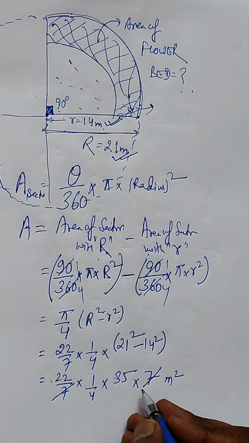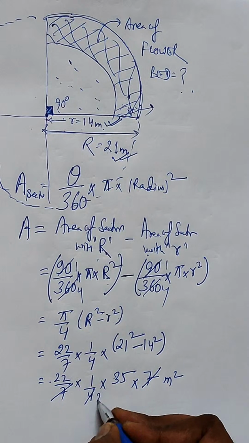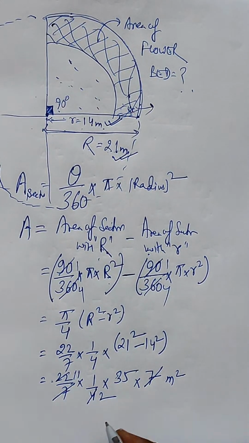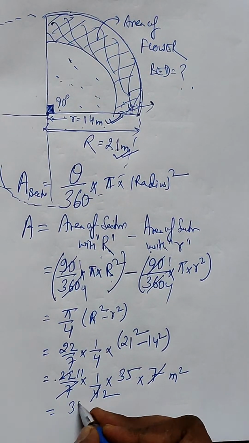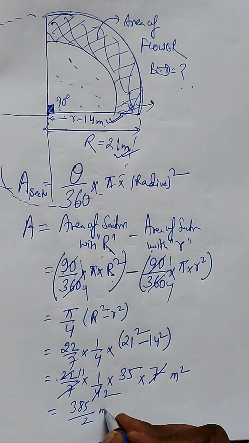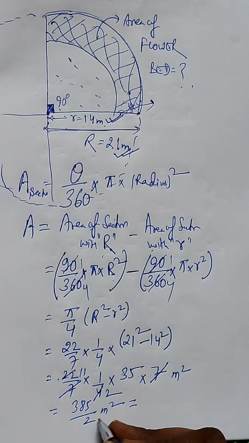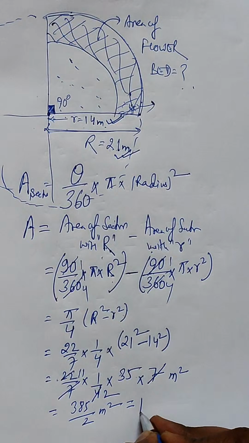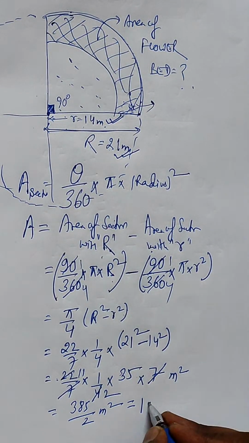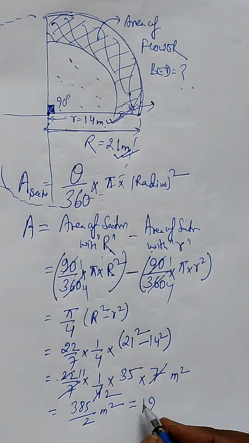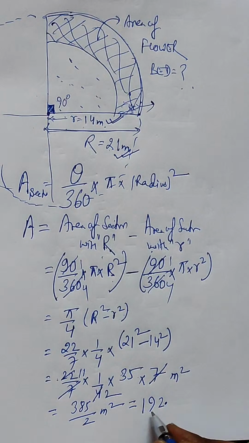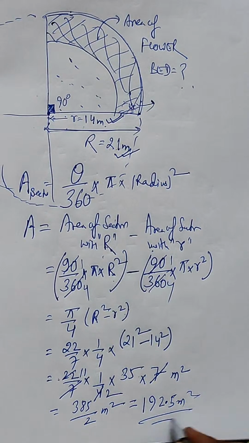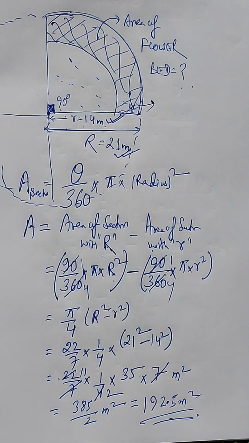So just solve it. 2 fours are 8, 4 elevens, so 35 into 11 will give you 350 plus 35, 385 by 2 meter square, which will be 192.5 meter square. So this is the area of the flower bed which we have derived.